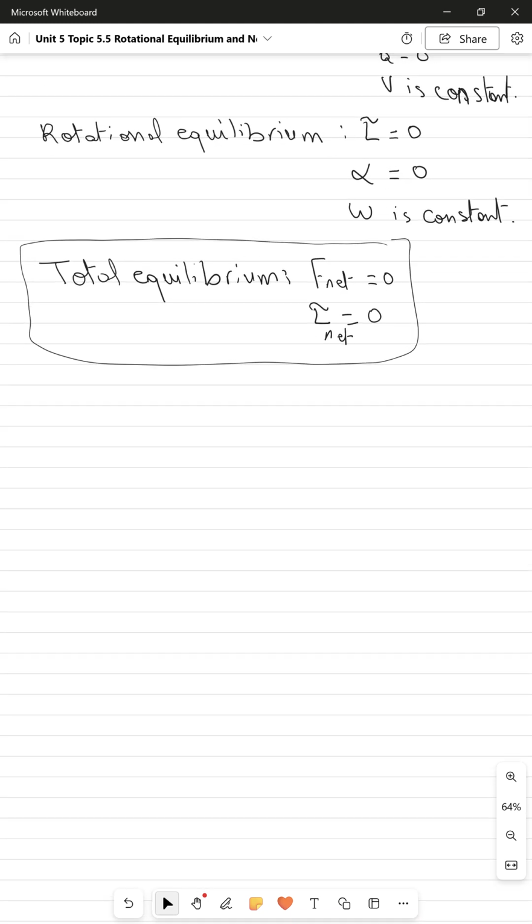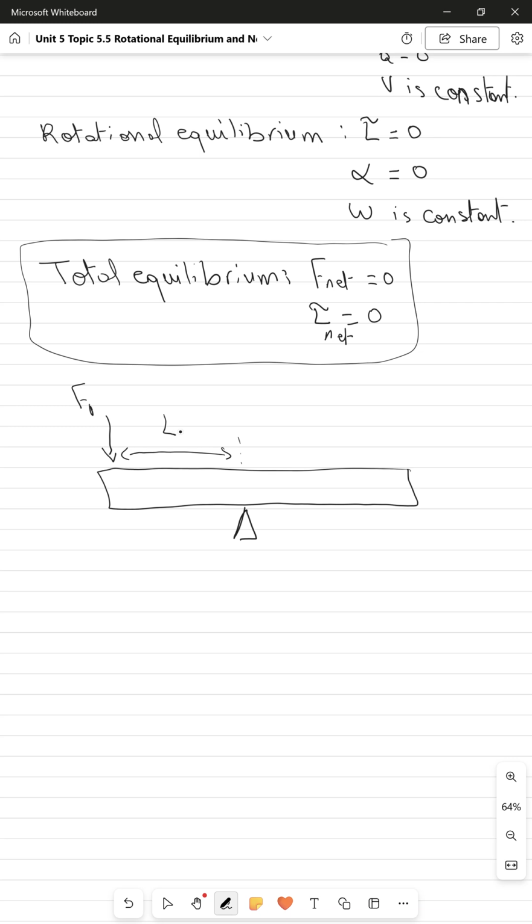Now, what's that going to be? That's another form of Newton's first law. We can use it if we have a fulcrum or a pivot, and I can have multiple forces acting on it. So let's say here I have F1, and here I have L1, here I have F2, and we have L2.